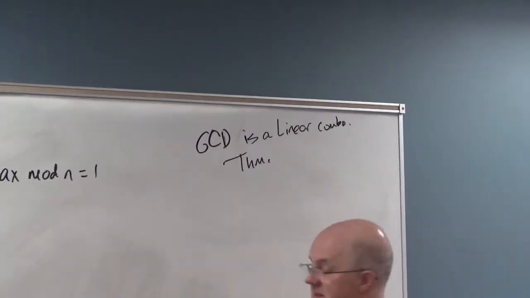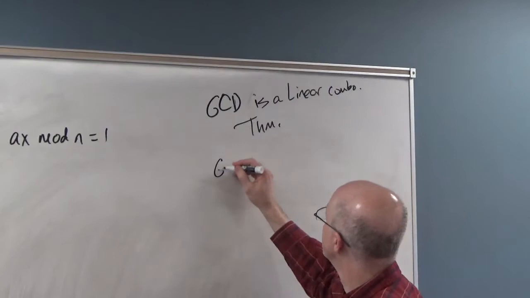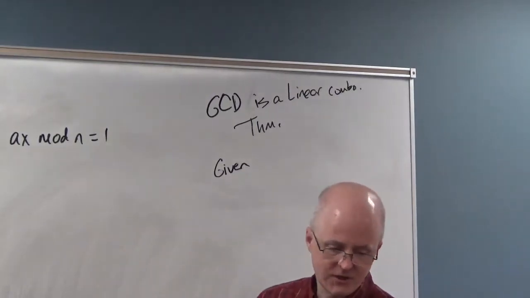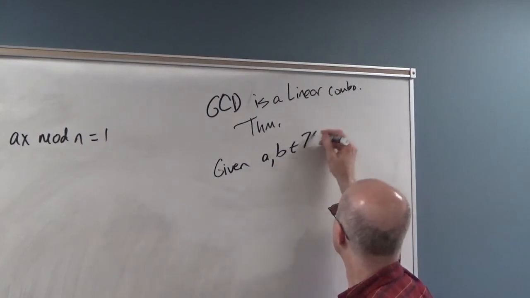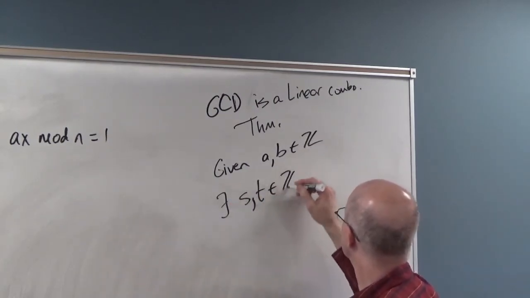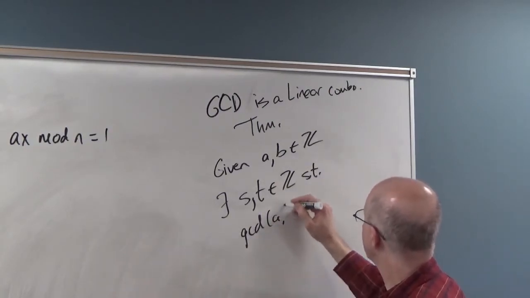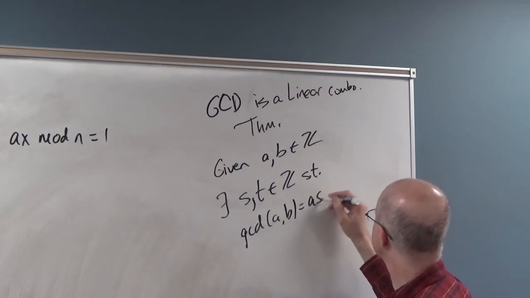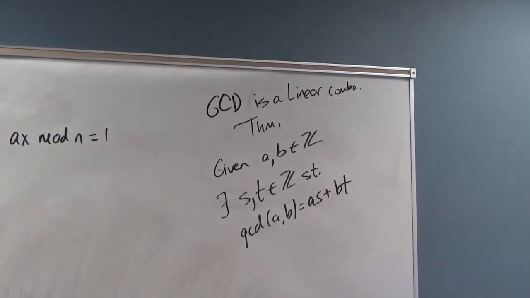It says two things, and they're actually both important. Given two integers, a and b, there exist integers s and t such that the GCD of a and b is as plus bt, a linear combination of a and b.